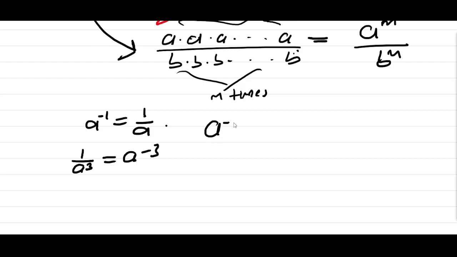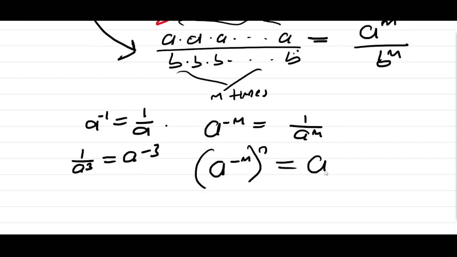So A to the negative M is now 1 over A to the M. And of course, (A to the negative M) to the power of N is A to the negative MN. All the laws that hold for positive powers hold for negative powers as well.